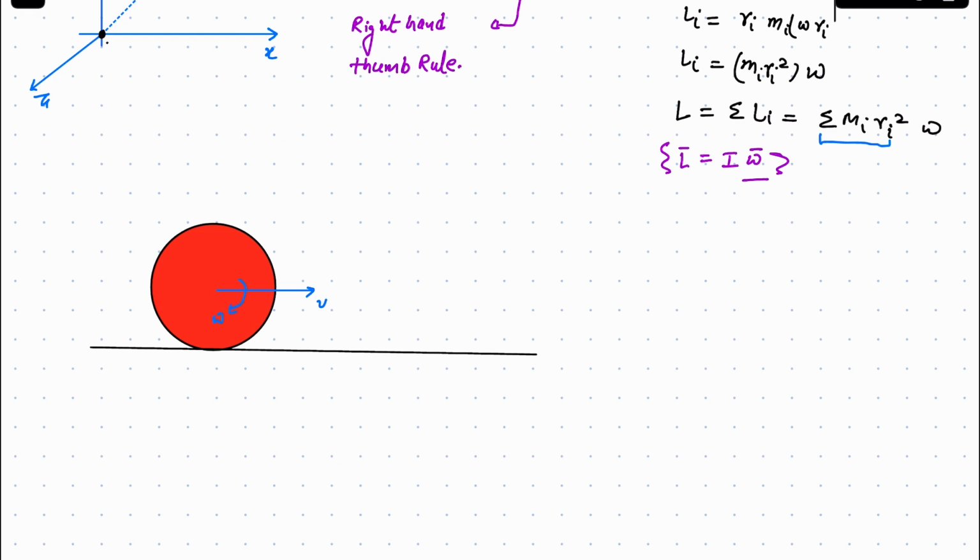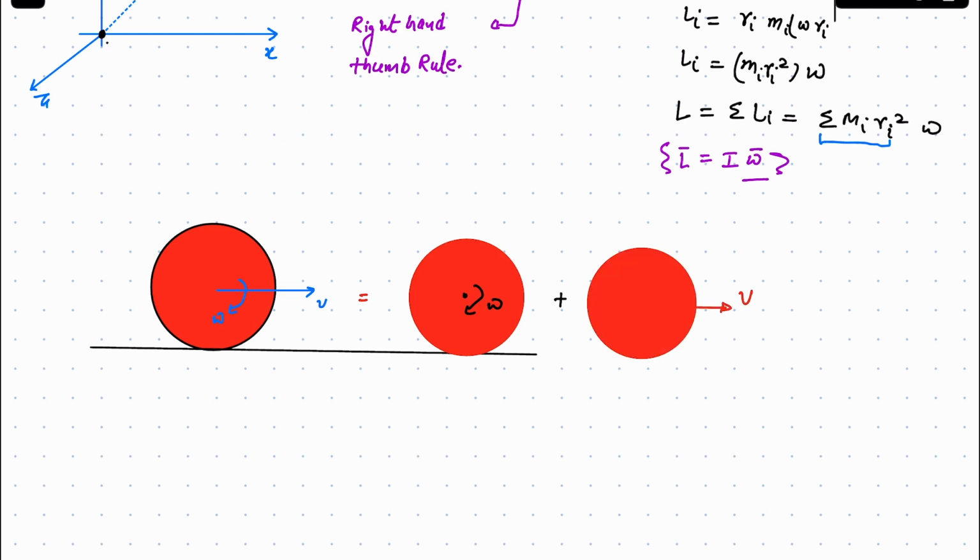So if I want to consider this motion, I can consider it as the combination of rotational plus translational motion. So I can consider it as rotating about this axis with omega, plus it is translating with a velocity v.